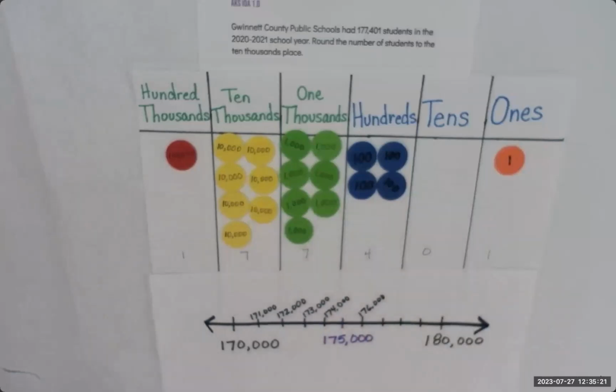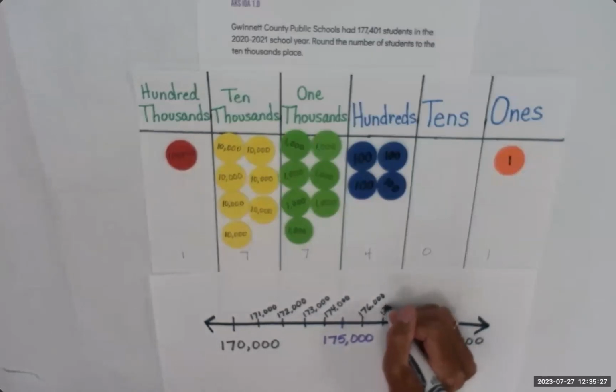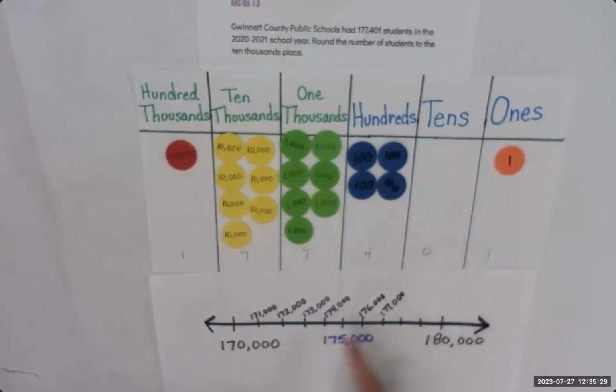Okay. So thinking about this midpoint, I can now locate where 177,401 would be on this number line, right? So I know that this number is greater than 175,000. It's going to be somewhere in here, okay? So I can note that on my number line. And I can see that 177,400 is closer to 180,000.